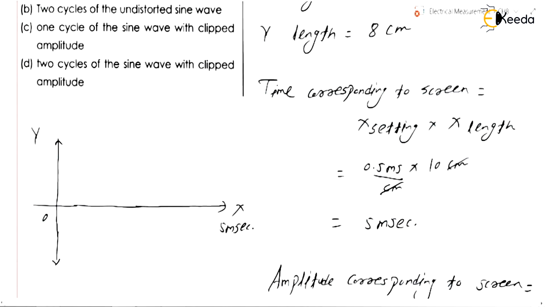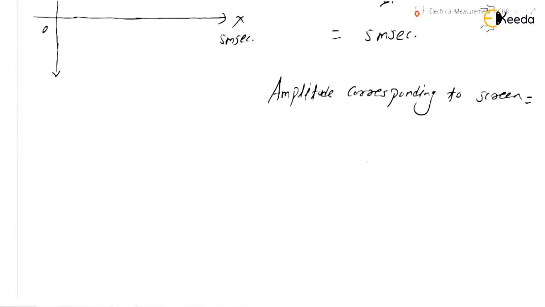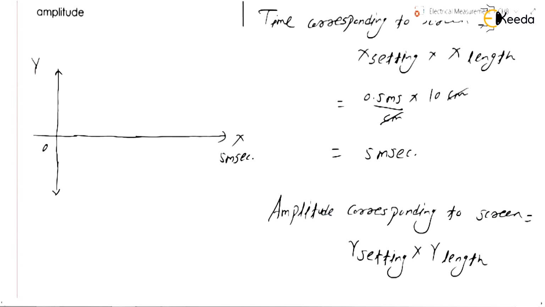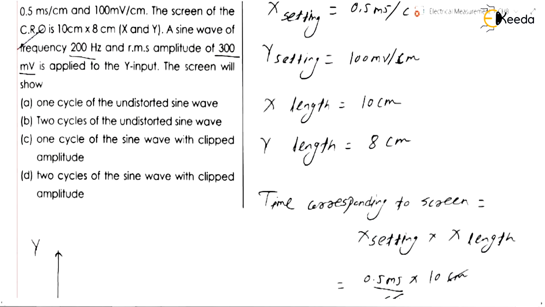We can write it is equal to Y setting into Y length. What is Y setting? Y setting is 100 millivolt per centimeter and length is 8 centimeter.